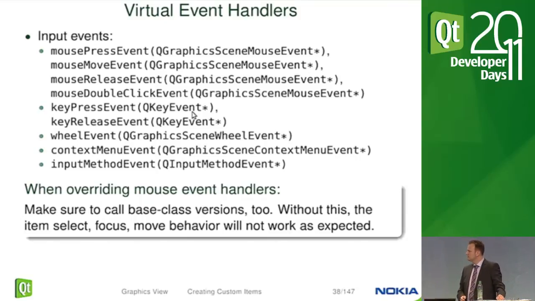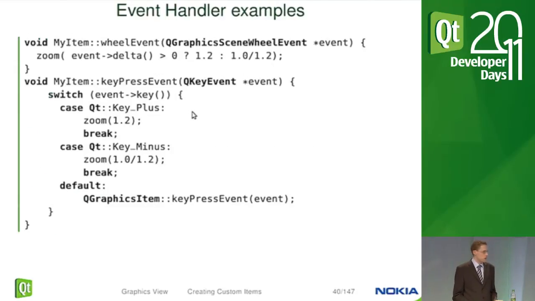The graphics scene mouse event also contains the translated coordinates in scene coordinates and item coordinates, while the classical mouse event only gives you screen coordinates, so where you actually clicked on the screen. If you use those, you get the additional convenience that all the transformations are already handled internally, and you can work directly in your domain units instead of screen pixels. Apart from that, it's exactly the same as the classical mouse event.